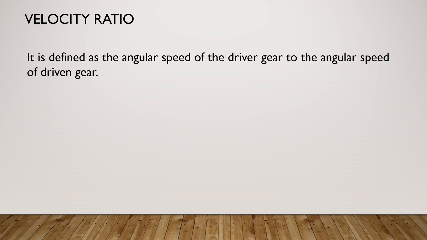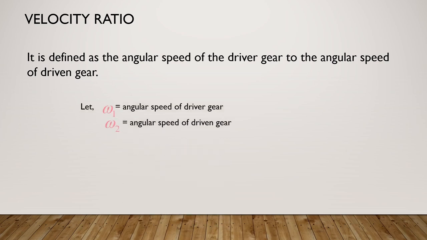Whenever you have a gear train, we classify them as a driver gear and a driven gear. Driver gear is the one which supplies the movement, and driven gear is the one which receives the movement. Usually the source is connected to the driver and the output will be from the driven gear. So the ratio of speed of the driver gear to the speed of the driven gear, that is angular speed, we call a velocity ratio.